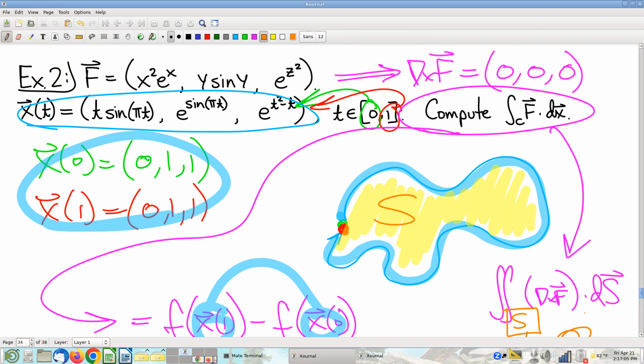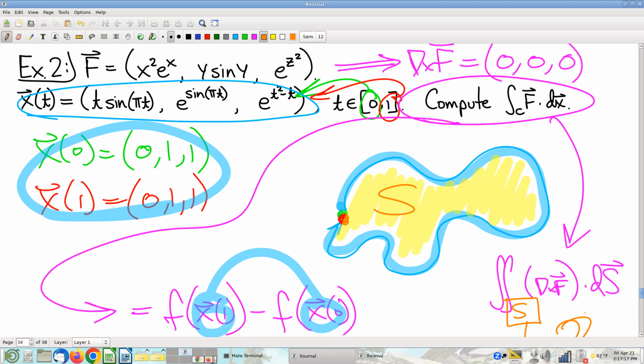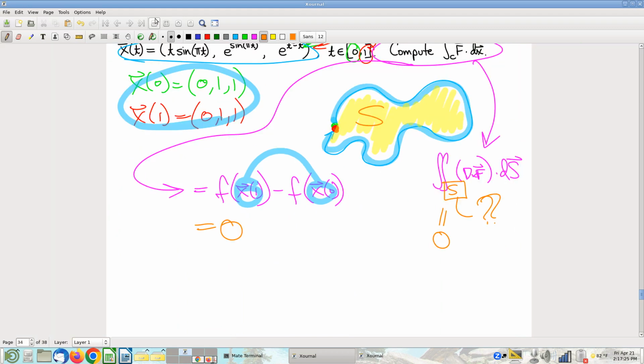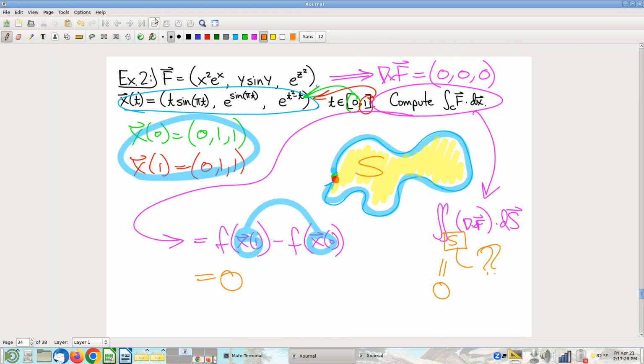So the curl being 0 means that my integrand is 0. That means effectively I don't even really need to know what the surface is. Whatever that surface is, I'm integrating 0 over it. So that is immediately 0. In the same way that this is immediately 0, likewise this is immediately 0. So, yeah, take your pick, as it turns out.